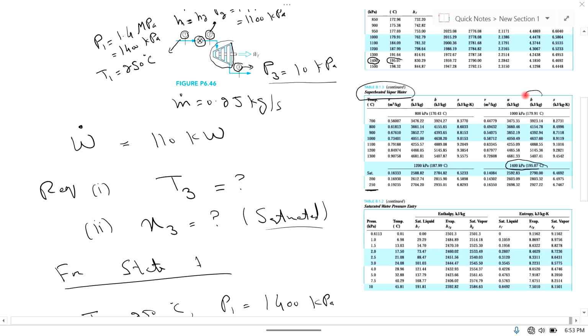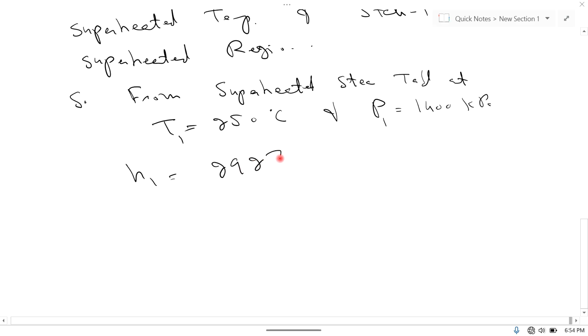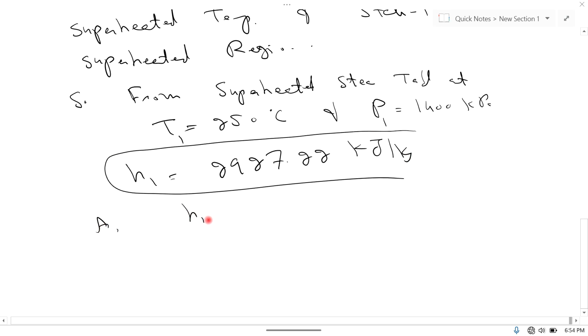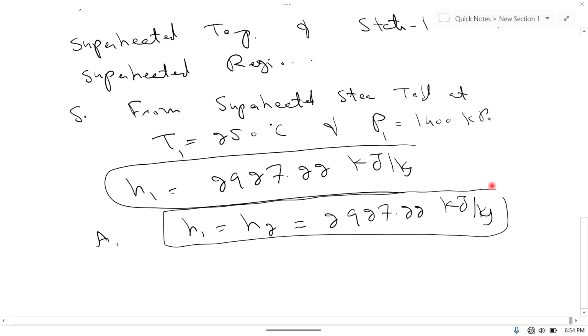So this is the enthalpy: in front of 250 and below 1400 kilopascal, enthalpy is 2927.22 kilojoule per kg. As H1 is equal to H2 from the throttling process, H2 is also equal to 2927.22 kilojoule per kilogram, because at state 1 and state 2 enthalpy is constant.